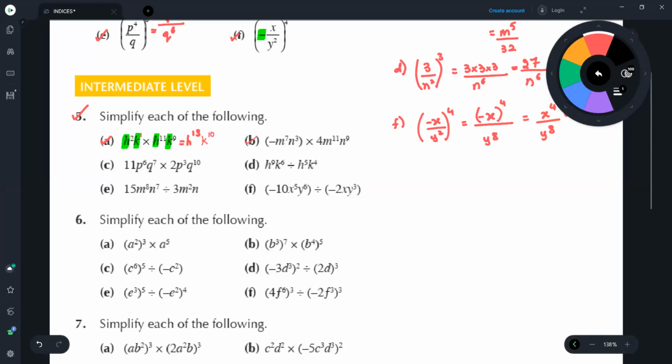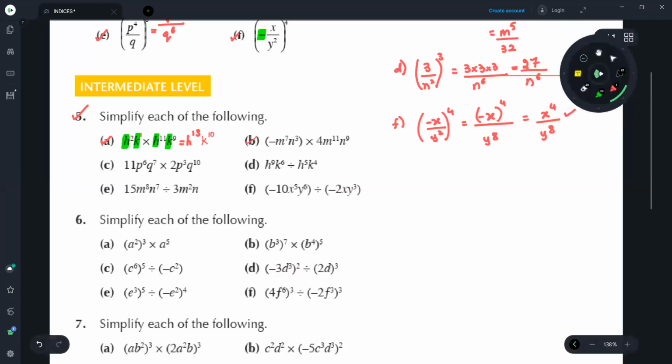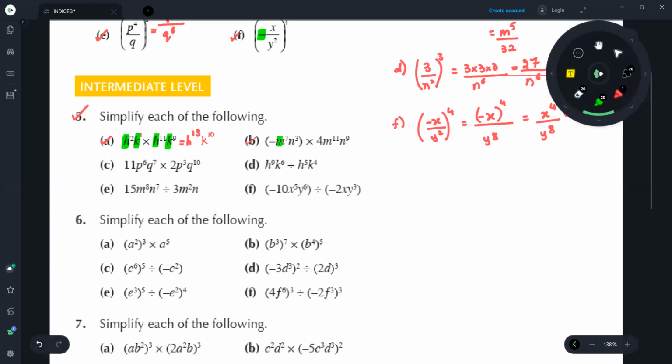This is minus m7 into n cube into 4m11 into n9. So what I'm going to do is highlight the bases only, m and m, and n and n. Now when you multiply and the bases are same, the powers are added. So my final answer is going to be, I'll write it down here, 5b.